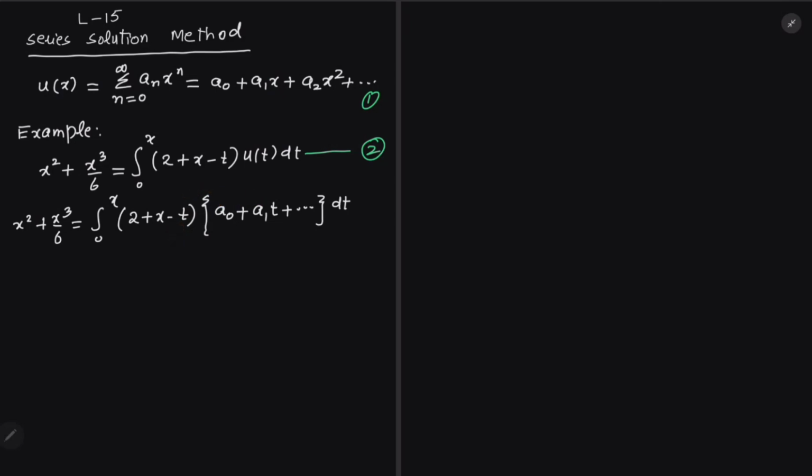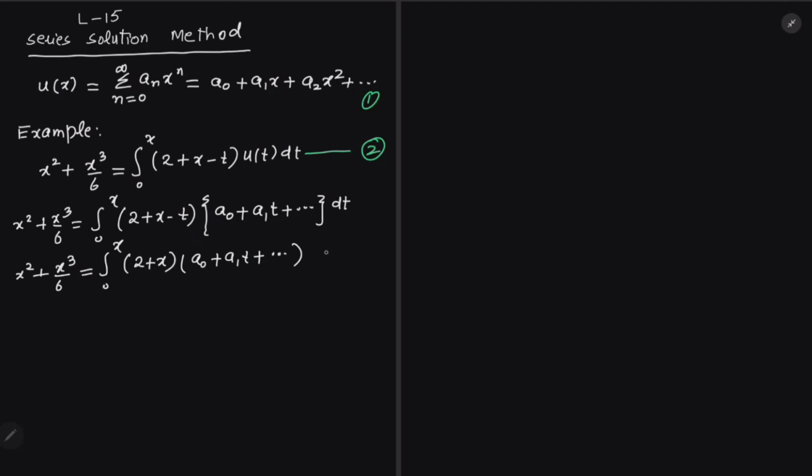So first thing we need to do is just to simplify this problem. x square plus x cubed by 6 is equal to the integral from 0 to x. 2 plus x will act as a constant. So we multiply this 2 plus x with this whole term, a naught plus a1t plus so on. The idea is to give you the methodology, how this method works.